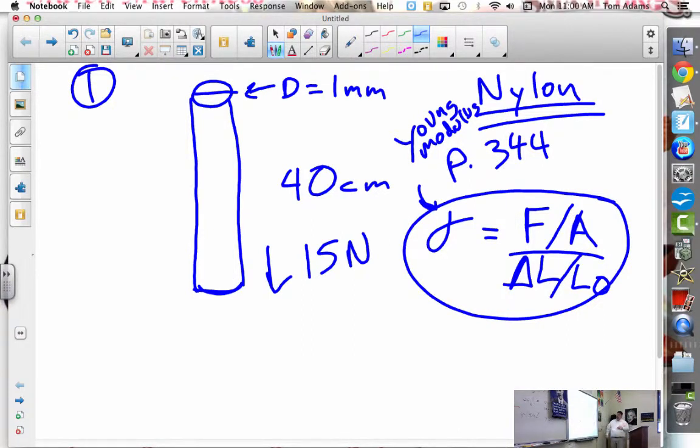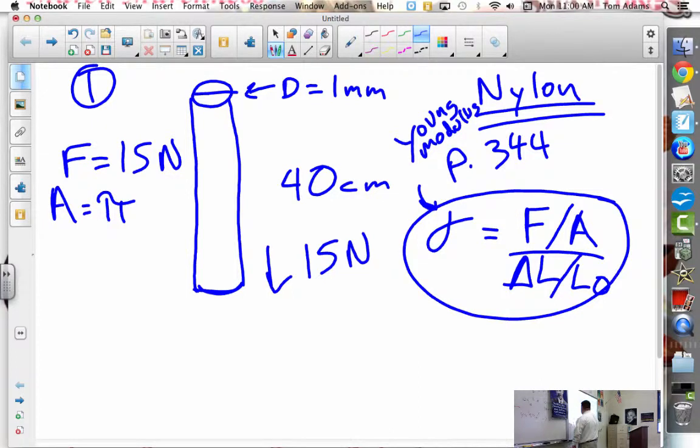What I need to know is what is Young's modulus for nylon? See, I have the force. The force is equal to 15 newtons, right? The area I can calculate because the cross-sectional area perpendicular to the force is really just a circle, which is pi r squared. I can calculate that. That's pi, and then our radius is 1/2 of the diameter, or sometimes it's the diameter divided by 4.